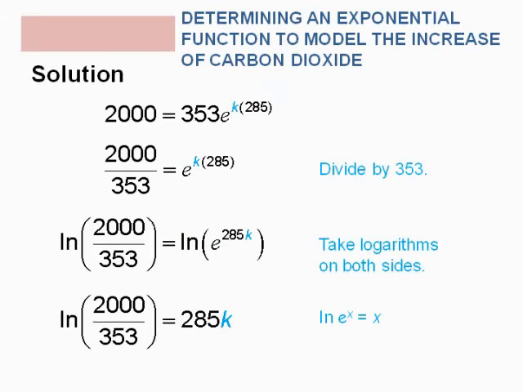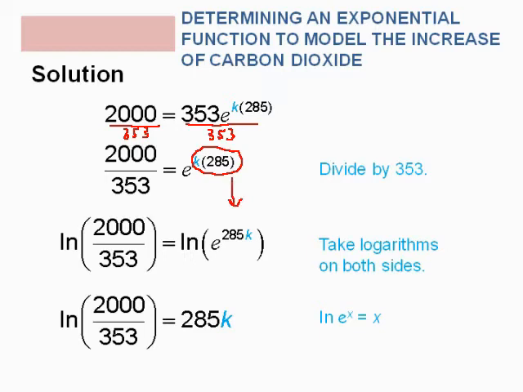Once again, we are solving an exponential equation. Divide both sides by 353, and I'll go through the steps, step by step. We multiplied the constant by that 285 number, and got 285k.